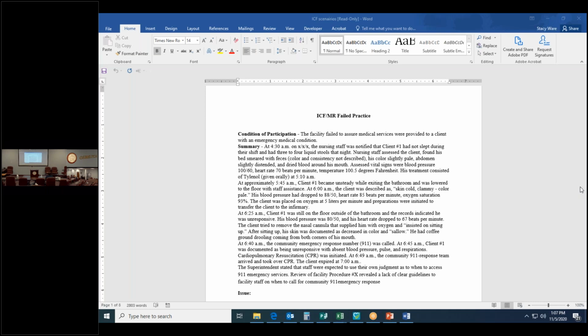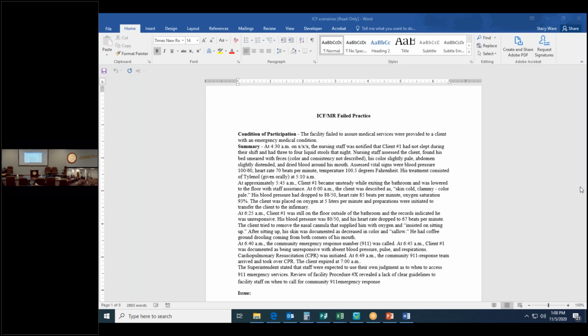At 6 a.m., the client was described as skin cold, clammy, color pale. His blood pressure had dropped to 88/50, heart rate 85 beats per minute, and oxygen saturation 93%. The client was placed on oxygen at 5 liters per minute, and preparations were initiated to transfer the client to the infirmary.